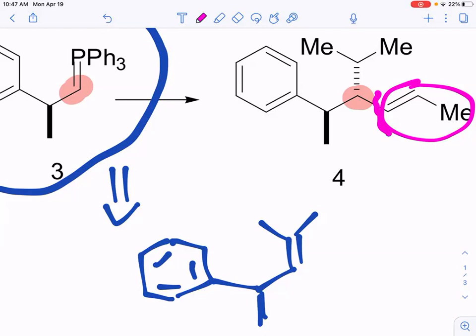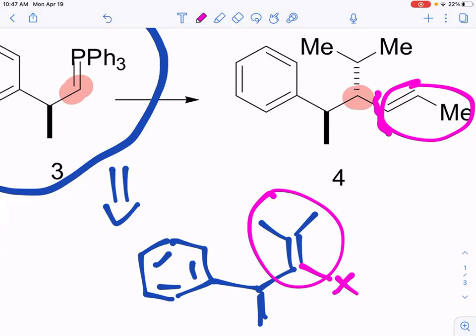Because coupling wise, the vinyl part is fine. But if I'm going to couple this side with something, I need to have some kind of leaving group, a functional group on that vinyl part. And that's going to be difficult to do. Plus, you can see right away, I need to reduce it, because there's not a vinyl group in the final product.